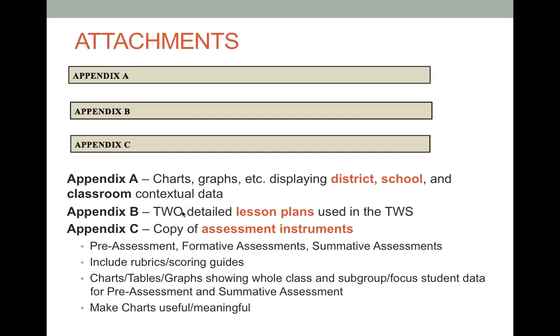And in that very first section, section 1, it kind of tells you a little bit about what you should put in Appendix A. But it's usually demographic data of your school, how many students are on free and reduced lunches, your ethnic breakdown, how they did on certain test scores and the like. So display those there so we get a picture of what your school or your district looks like.